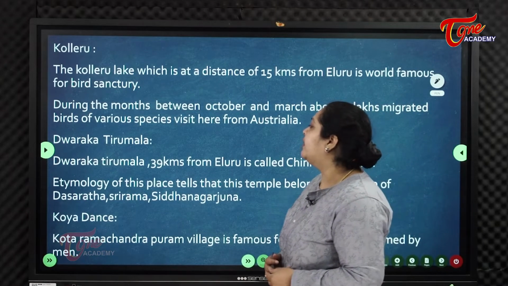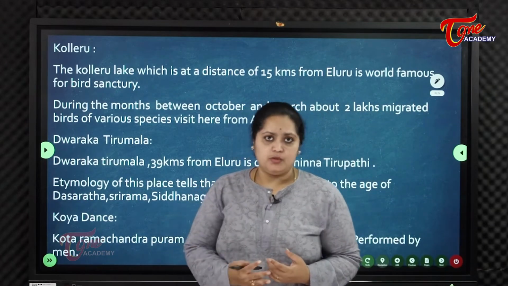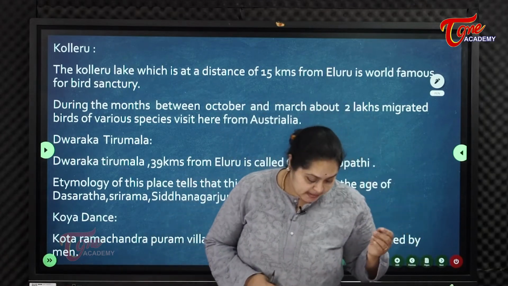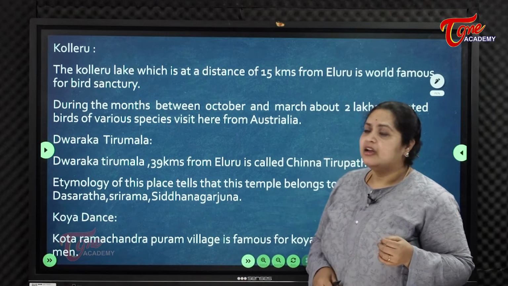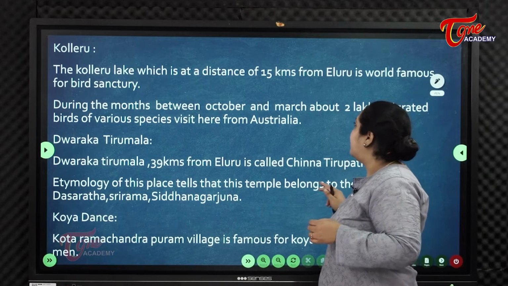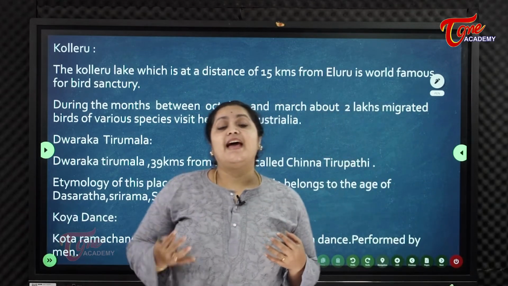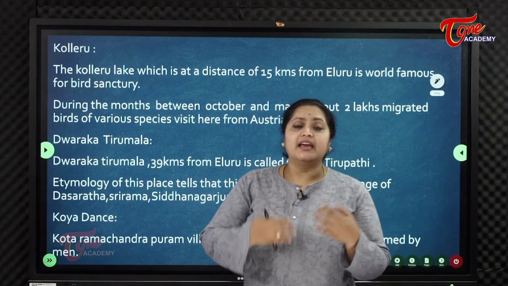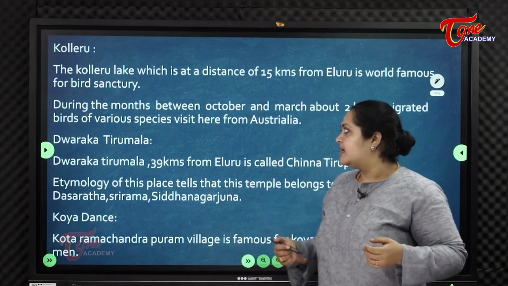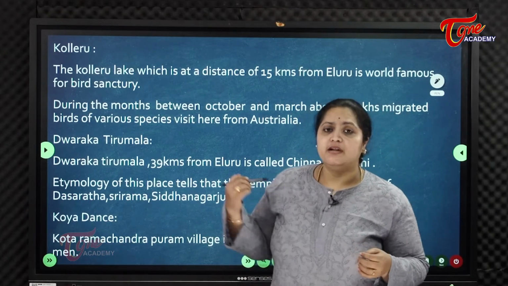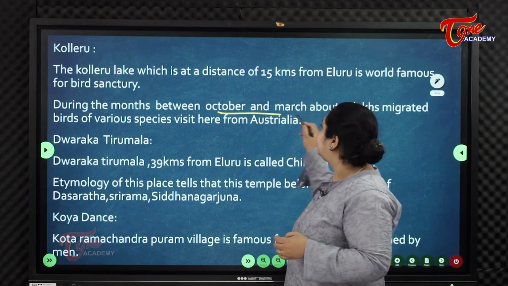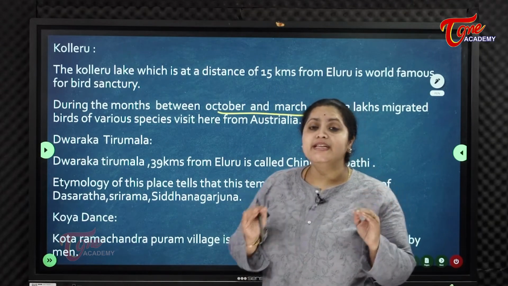Next one is Kolleru, Kolleru Sarasu or Kolleru Lake. It is famous for migratory birds. Migratory birds from Siberia come to this place in the season between October and March, and they lay eggs and hatch their babies, and then go back to Siberian regions. People from all over Andhra Pradesh visit these places to see these birds.